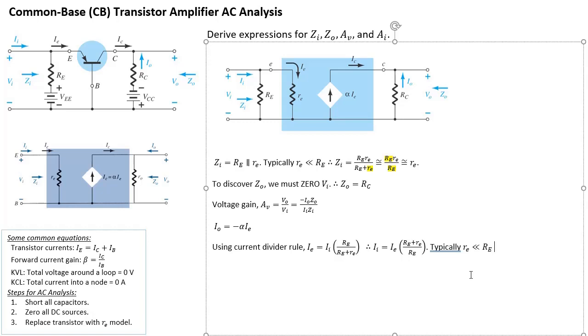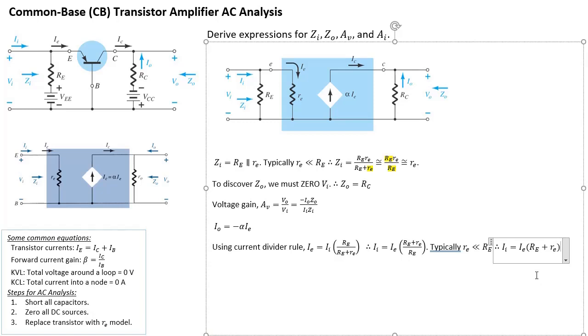So then I can say even for II, I can simplify the expression for II in a similar way. It's going to be IE multiplied by big RE divided by big RE plus little re. Let me just rewrite this so that it's clear to everybody.